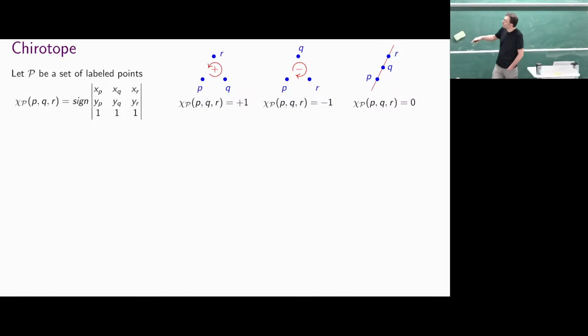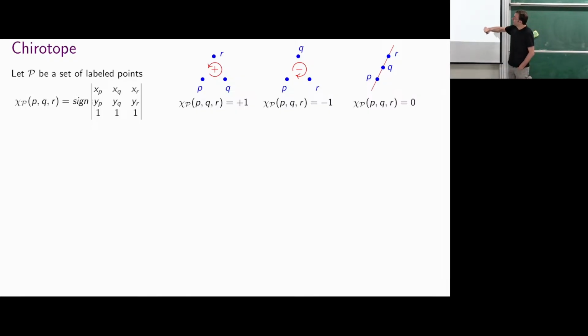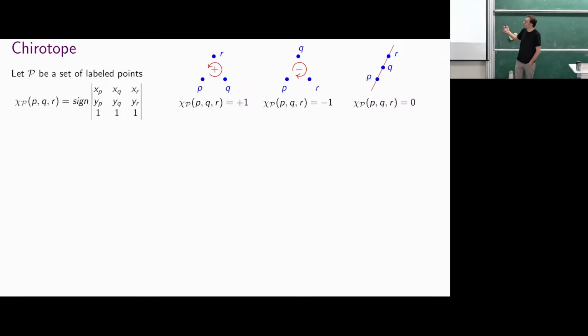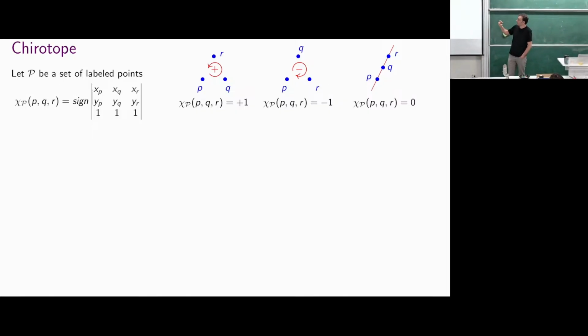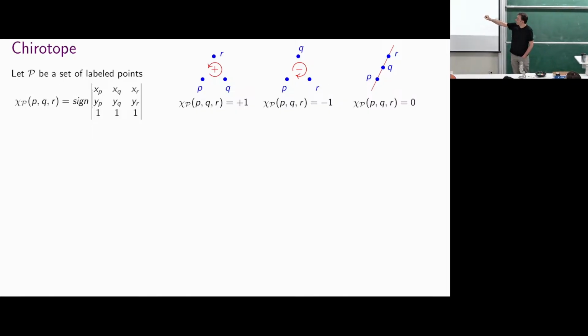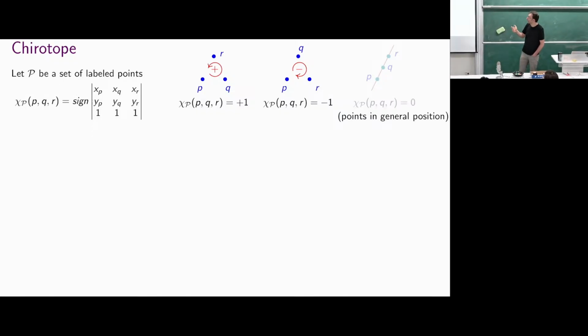The sign is computed, it's a sign of the determinant, and that will give us some rough information on the point. It will tell us whether the triangle formed by the points P, Q and R is oriented clockwise, counterclockwise, or is flat.